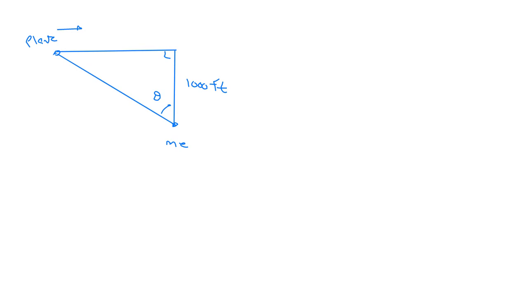So the plane has a level flight path of 1,000 feet, okay? And then we'll say that the distance the plane is horizontally from me is r. From here to this point directly above me, we're going to call that r.